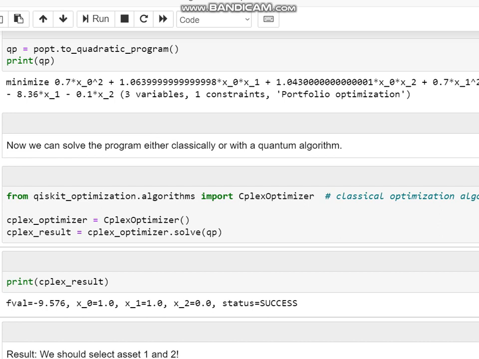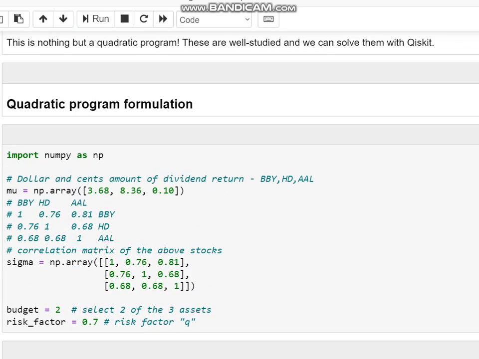And the 2 says 0, don't take that into your portfolio. So what does that mean? What it means is, if we go back to your correlation matrix, take 1, 2 and 3.